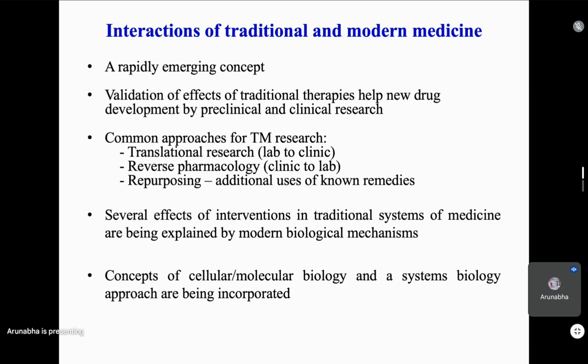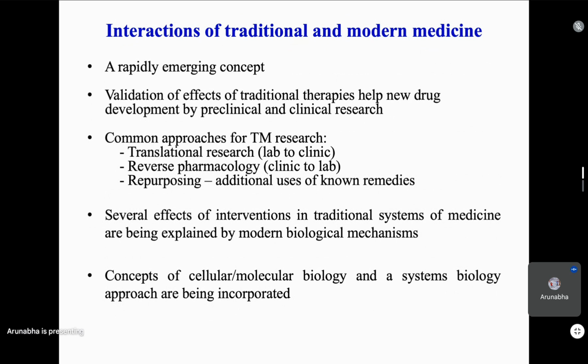And C is a method known as repurposing. That is, some of the traditional medicines which are listed for use in particular diseases are now being used for other diseases because of the basic properties that they possess.